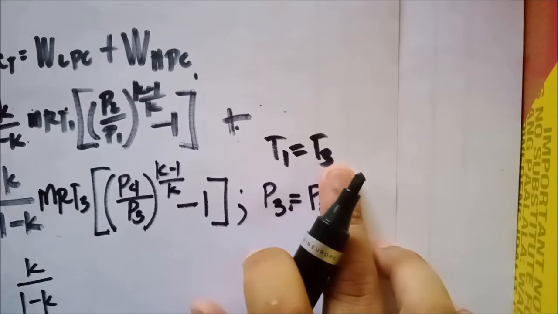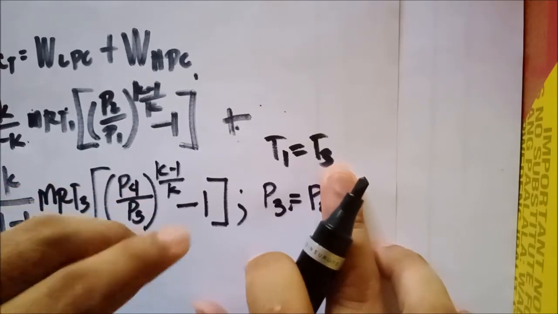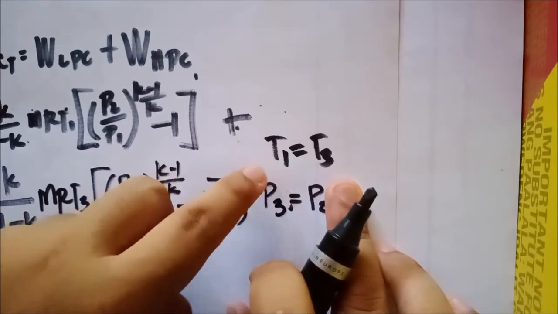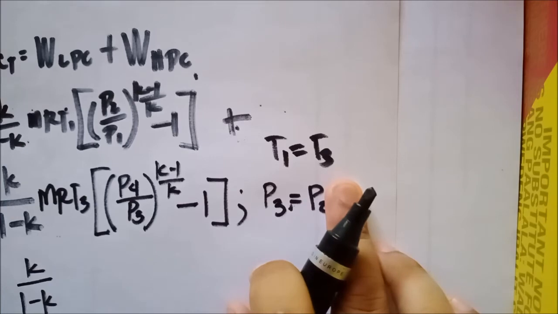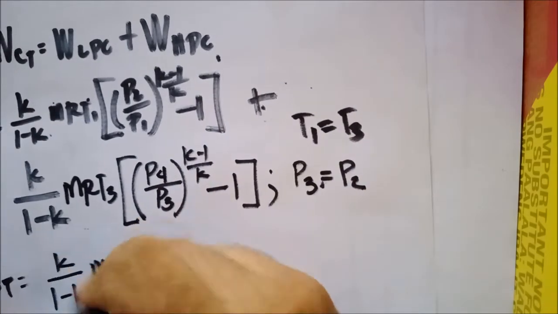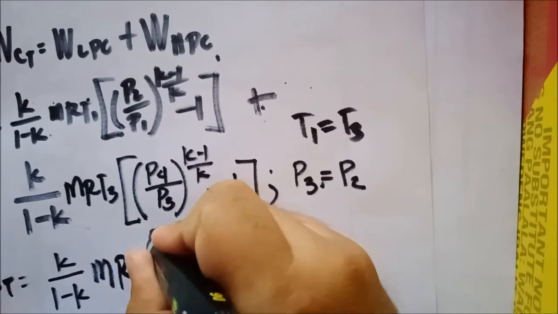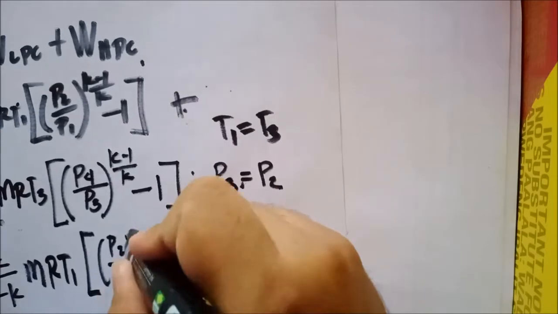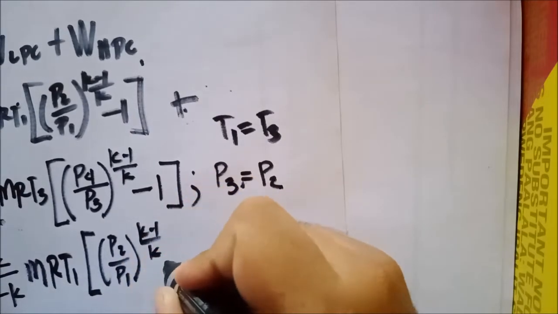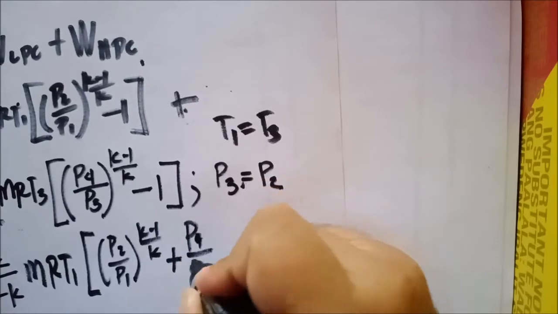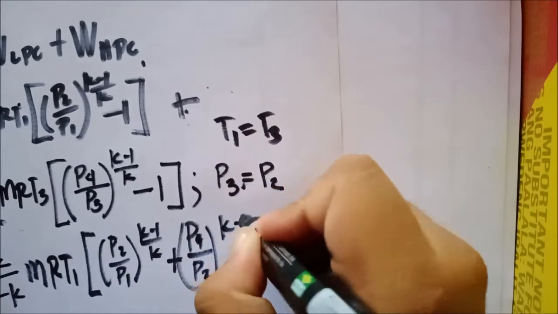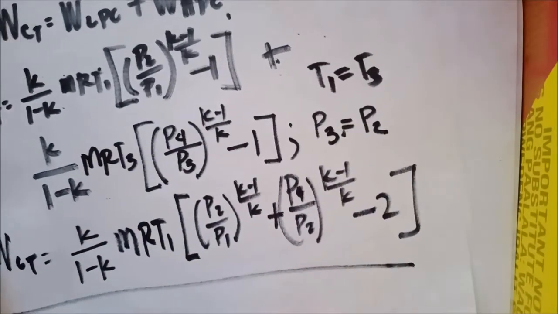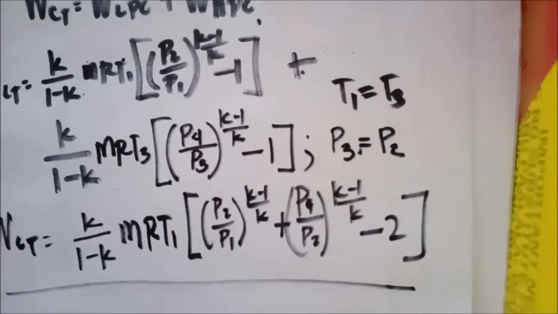The inlet temperature of the second compressor, the high pressure compressor, should be equal to the temperature of the low pressure compressor at the inlet. So this is the total compressor work.